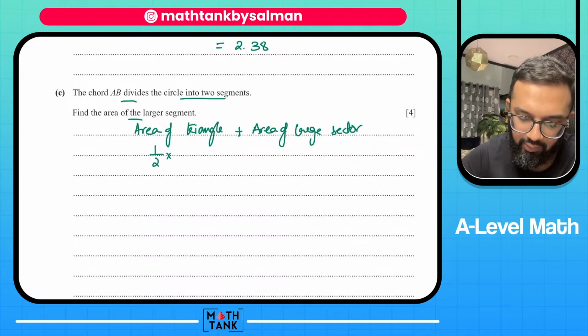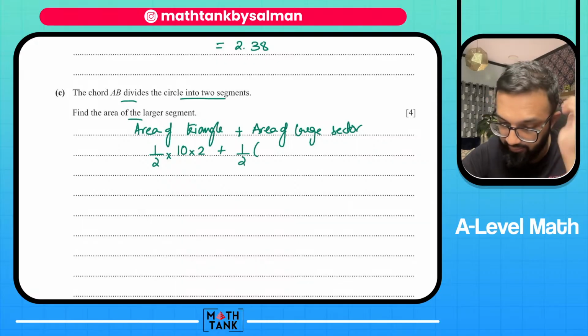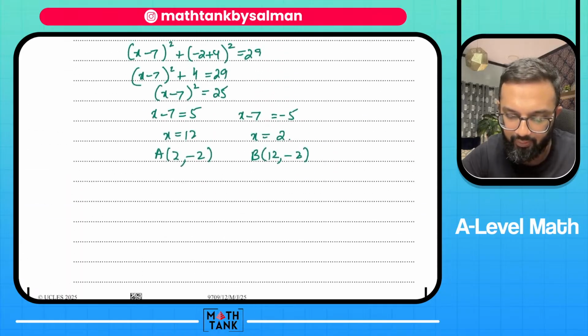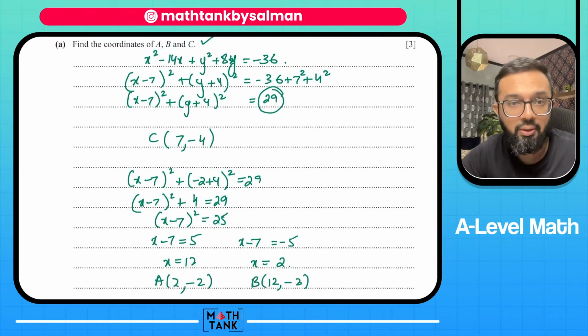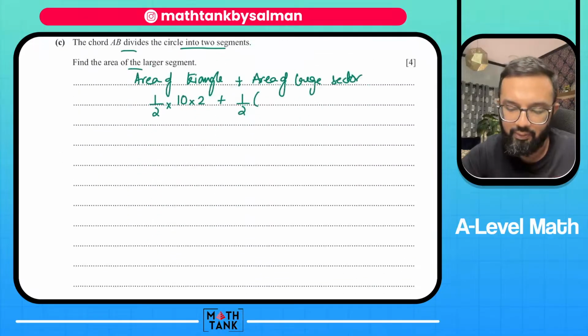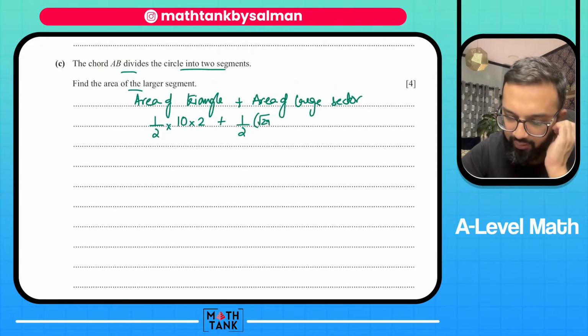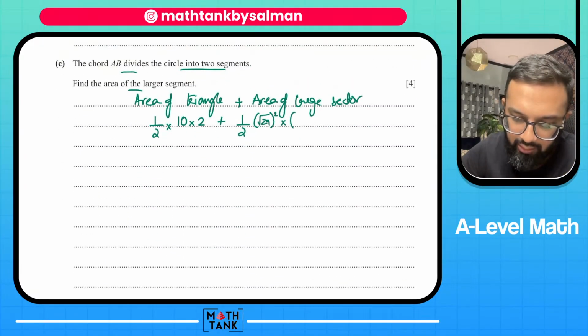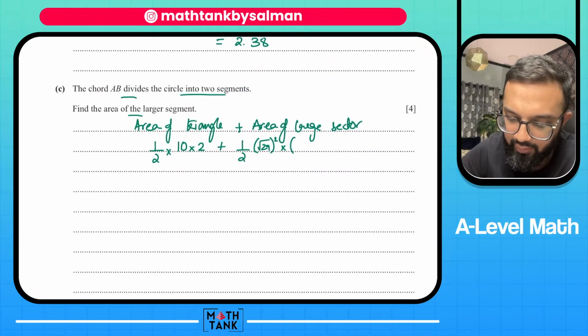Half, base is 10, height is 2. Half R squared. R squared is the radius of the circle squared. What was the radius of the circle? We didn't explicitly pull it out, but root of 29 should be the radius of the circle. Half R squared, and theta. Theta is the outer angle, so 2 pi minus 2.38.